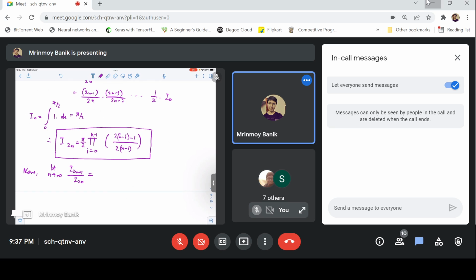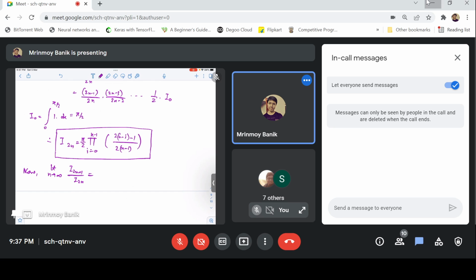And as a lower limit, so what is the lower limit? So we also know I_{n+1} is less than I_n, which implies I_n/I_{n+1} is greater than or equal to 1. So hence we have that 1 is the lower limit.